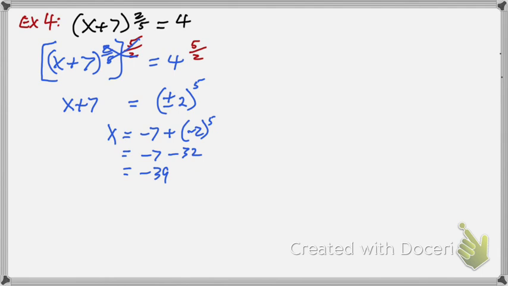Our other one, we're going to say x equals minus 7 plus 2 to the 5th. There are possibilities. And we could go through and check those, but since we have a short class time, I really want to get to the next stuff. So all that's left to do on that one is checking it.